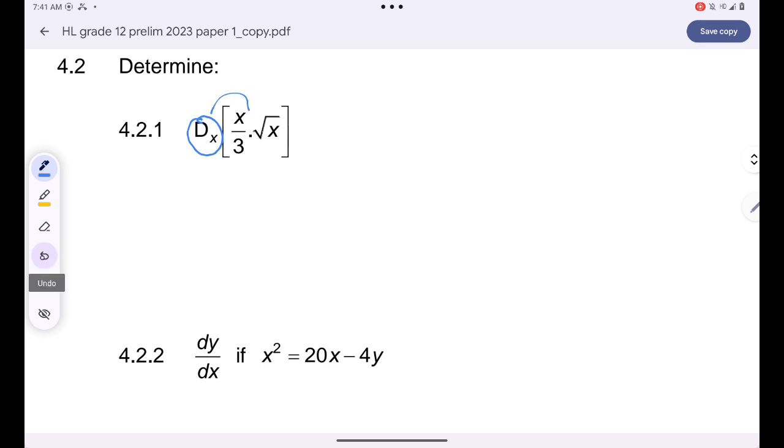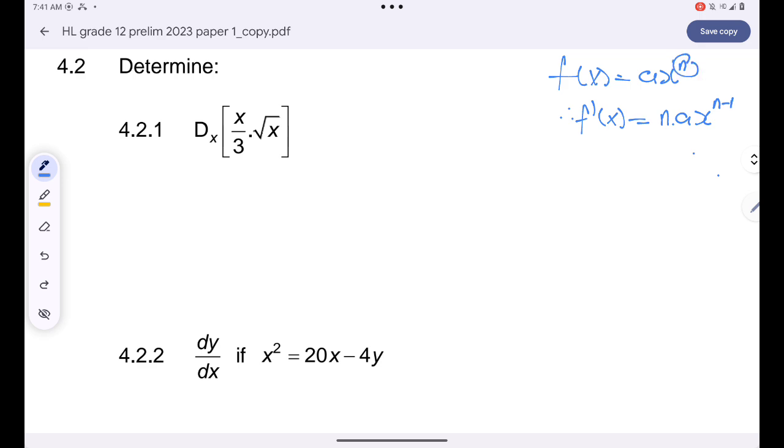For me to derive, there is a rule that I use: if f of x is equal to a times x to the power n, therefore the derivative of f of x will simply be equal to n multiplied by a, and then x to the power of n minus 1. Just take the exponent, multiply the coefficient, and then subtract 1 from the exponent.